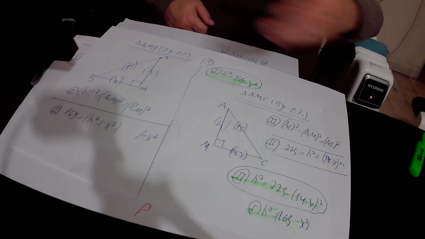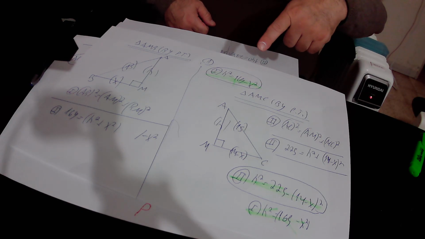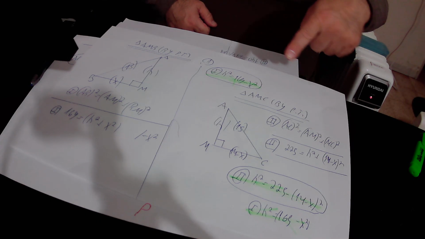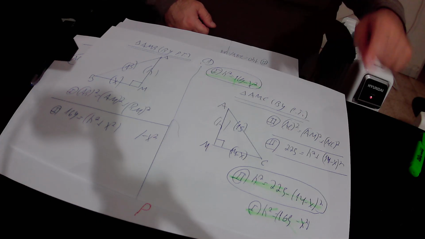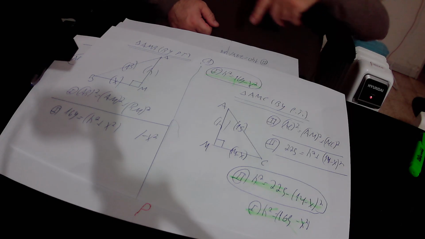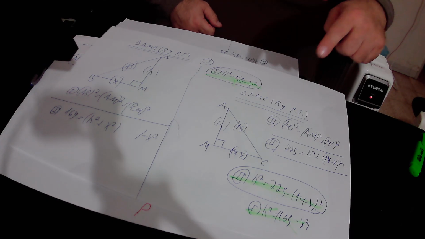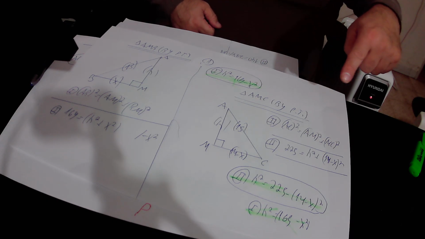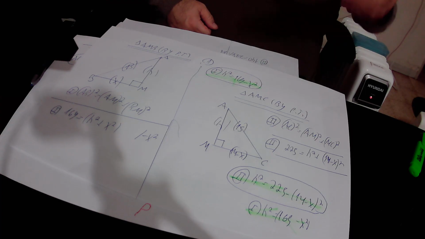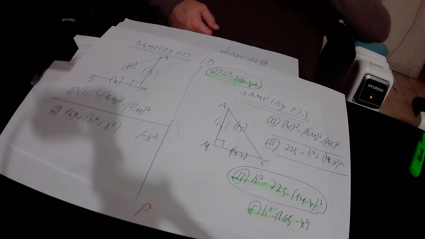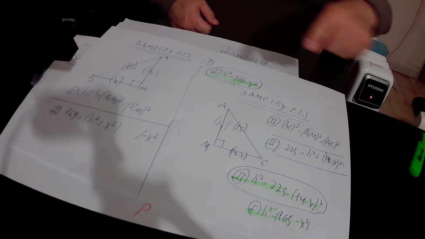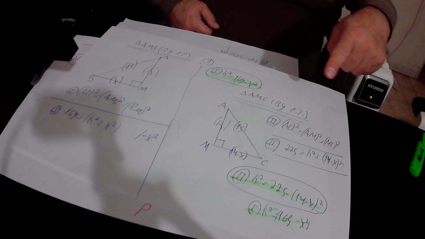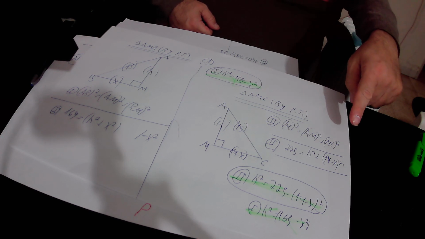So in this right triangle AMC, according to the Pythagoras theorem, AC squared equals AM squared plus MC squared. AC is 15, therefore AC squared is 15 squared, that is 225, and it equals AM squared, that is h squared, plus MC squared. MC is 14 minus x, therefore MC squared is (14 minus x) squared.